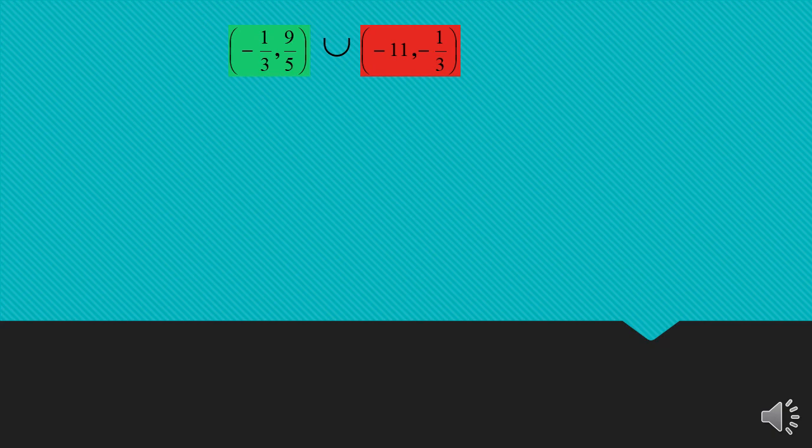Before we go to the final answer, I'll show you the answer we get for the left side of the inequalities and then the right side of the inequalities. So the left side will get negative 1 over 3 to 9 over 5. The right side will get negative 11 to negative 1 over 3. So what we want to do is to find the union between these two, because the question is the more than something.